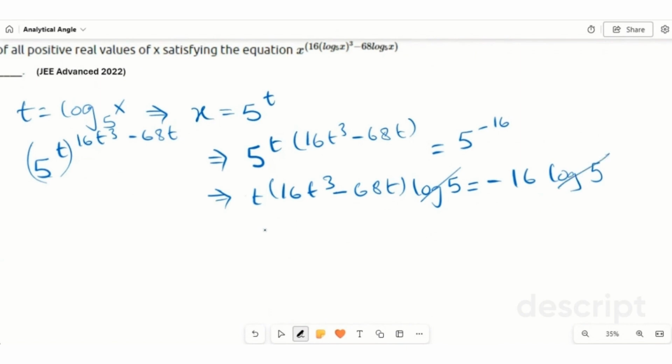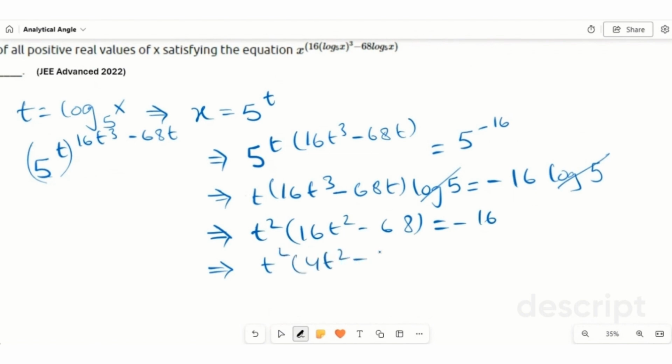And now on factoring out t from the inner function, we get t square into 16t square minus 68 is equal to minus 16. And we notice that both sides are divisible by 4, so we divide them by 4. T square into 4t square minus 17 is equal to minus 4.